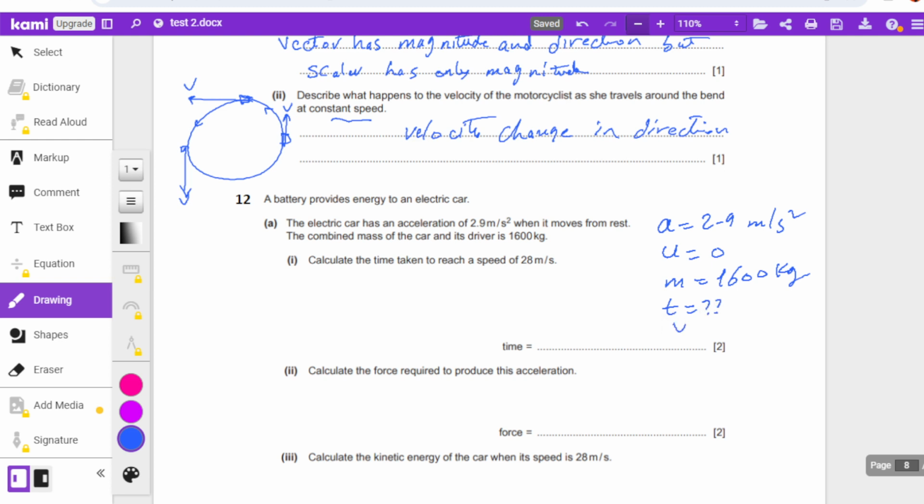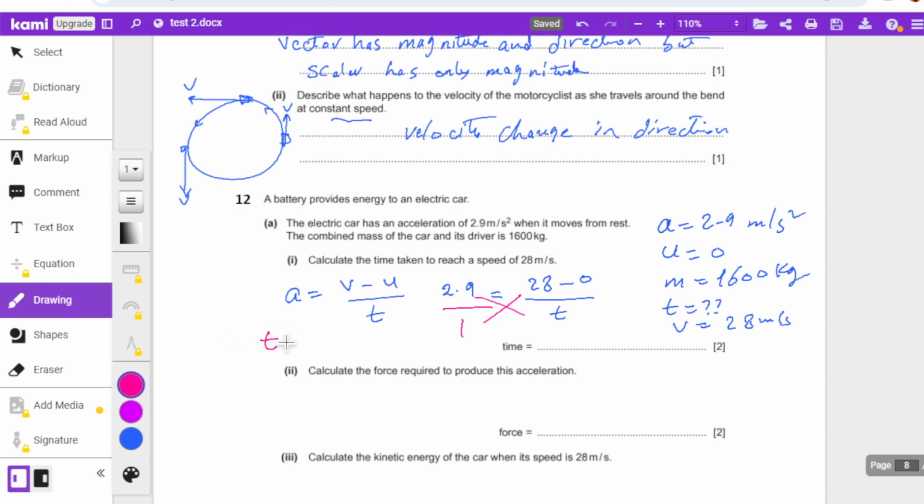If the final speed is 28 meters per second, first you can use acceleration equal v minus u over time. We have acceleration, which is 2.9 equal 28 minus 0 over time. You can use cross multiplication.